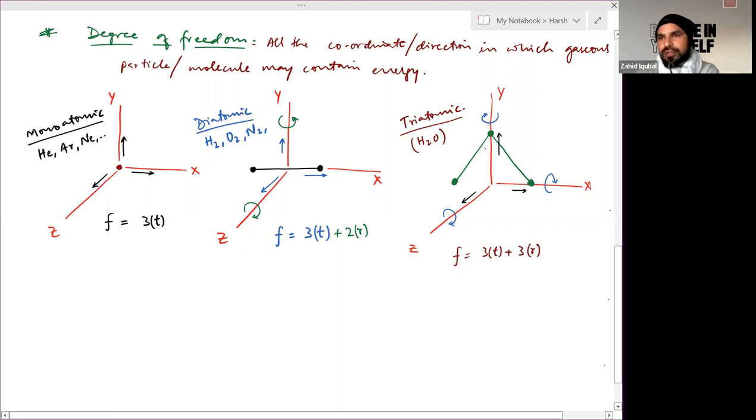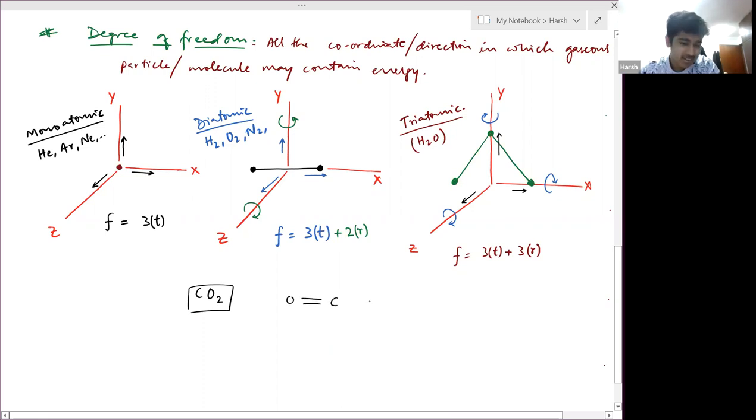Next, it may further depend upon their geometry. Suppose you have a triatomic particle such as carbon dioxide. Do you know the shape of CO2? It will be like this. Yes, sir, linear. So a linear shape will have the same degrees of freedom as a diatomic.